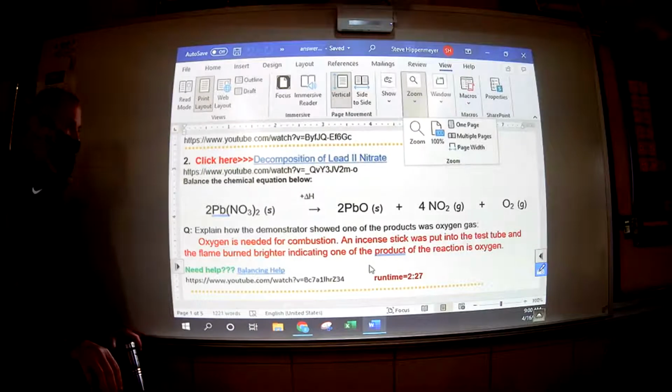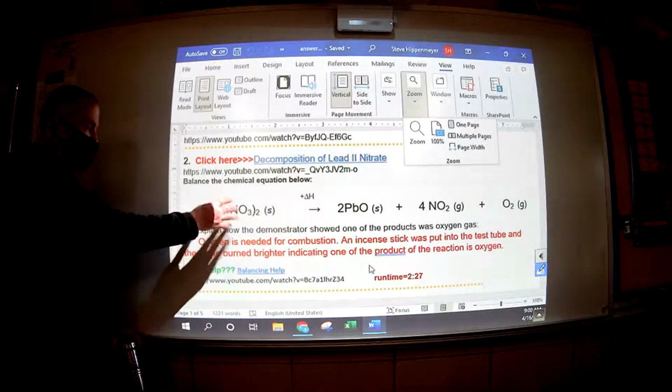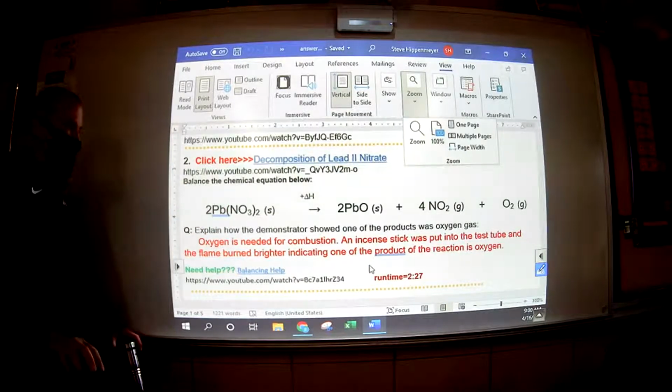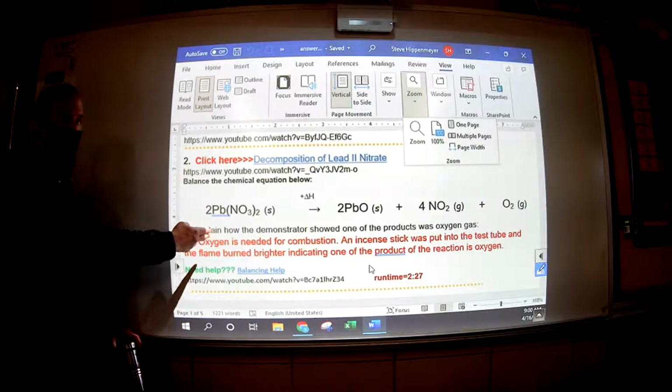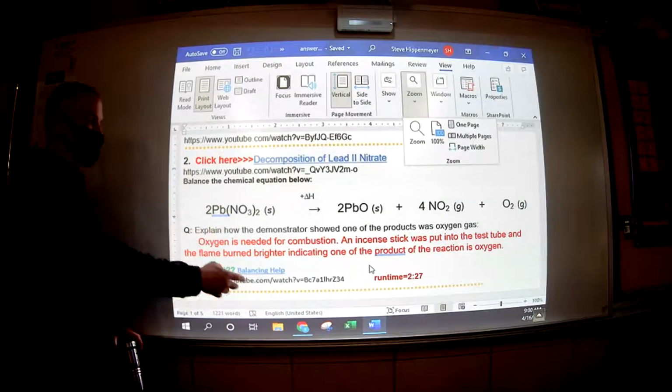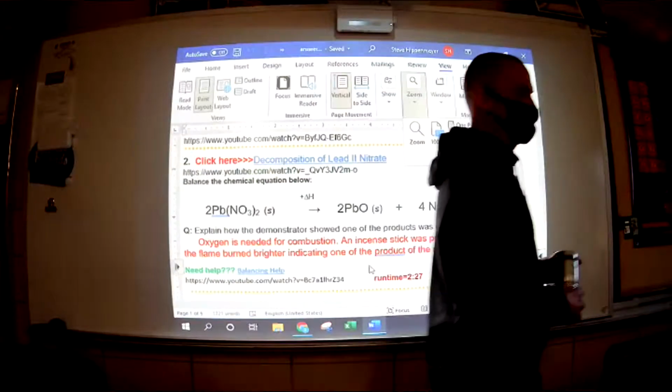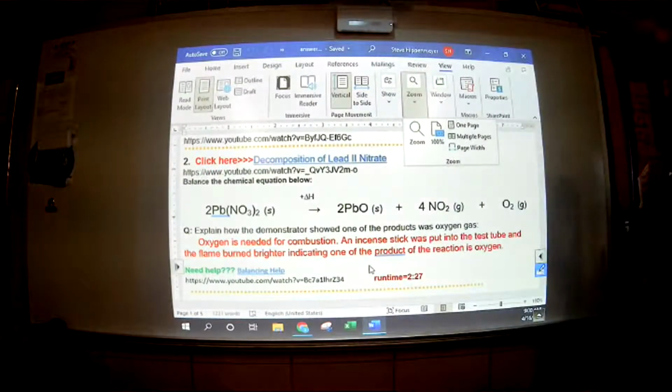What it decomposes into, we don't really know for sure. They did do something, if you remember, to show that oxygen was one of the products. And that they showed with an incense stick.